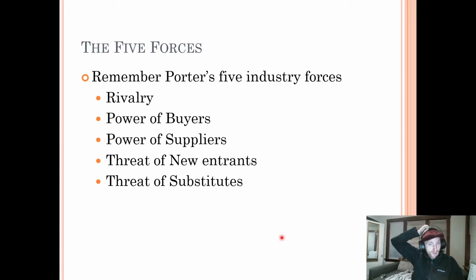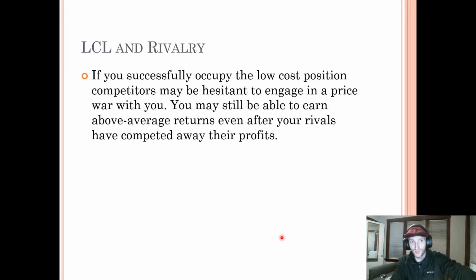If you remember the five forces from last week: rivalry, power of buyers, power of suppliers, threat of new entrants, threat of substitutes. Let's take a look at how this strategy attempts to overcome unfavorable forces. With rivalry, if you successfully occupy the low-cost position, competitors might be very hesitant to engage in a price war with you.